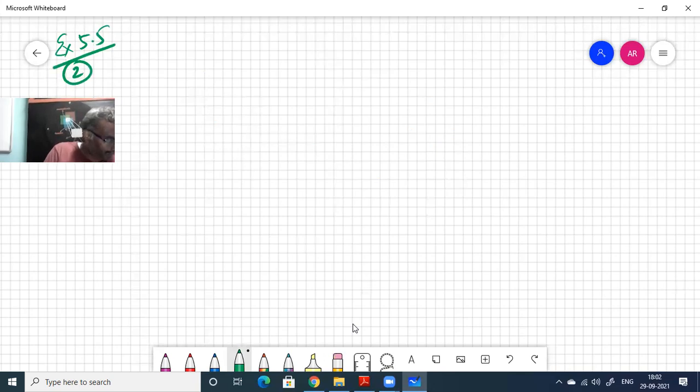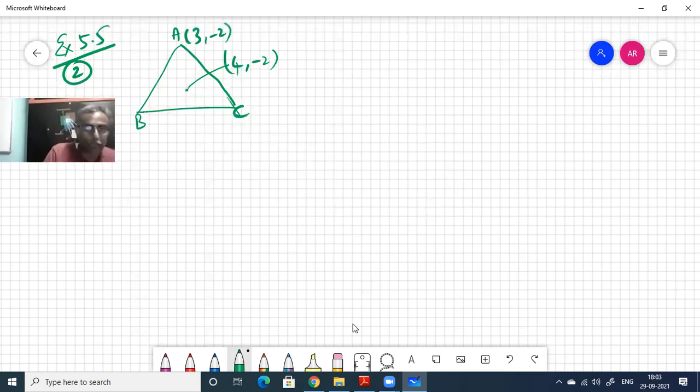If the centroid of a triangle is at (4, -2), and two of its vertices are (3, -2) and (5, 2), find the third one. Very simple. You know how to do that.